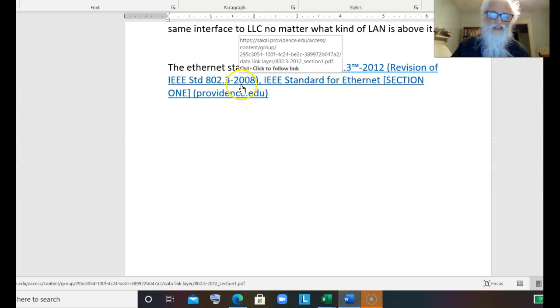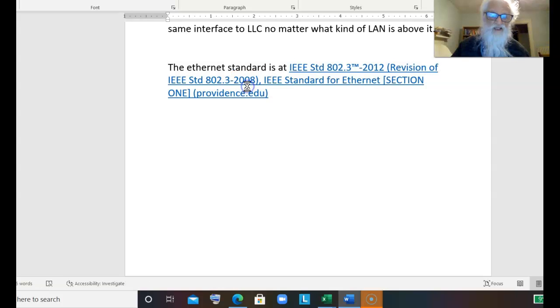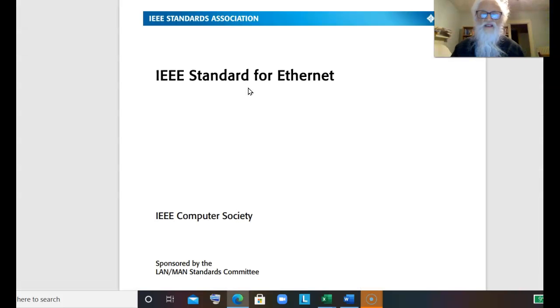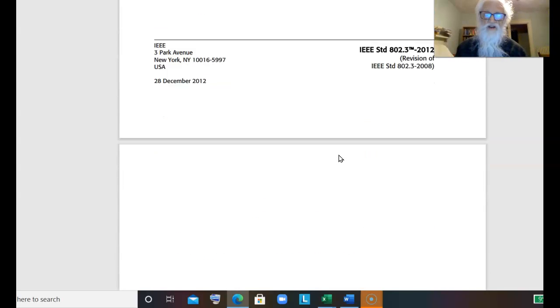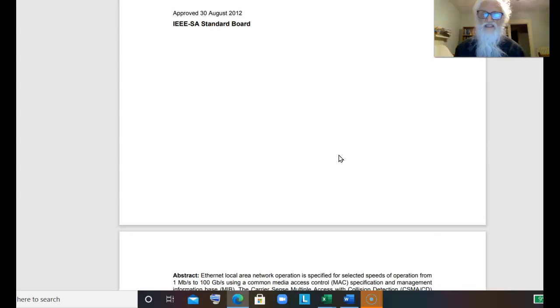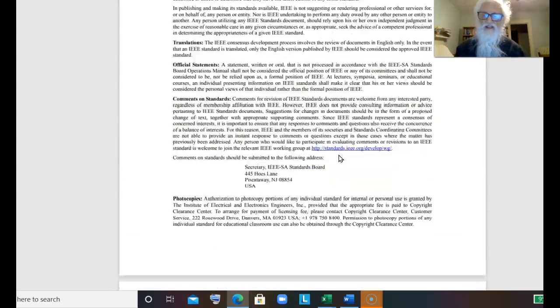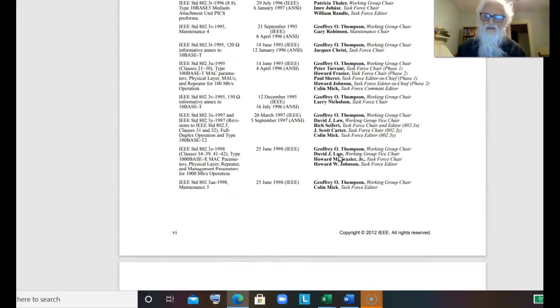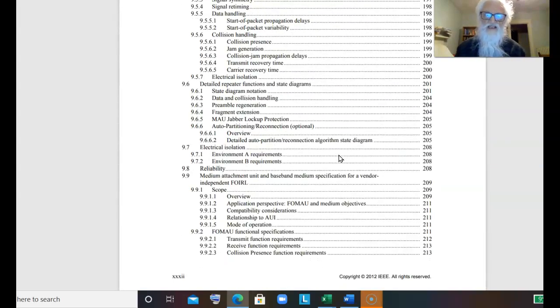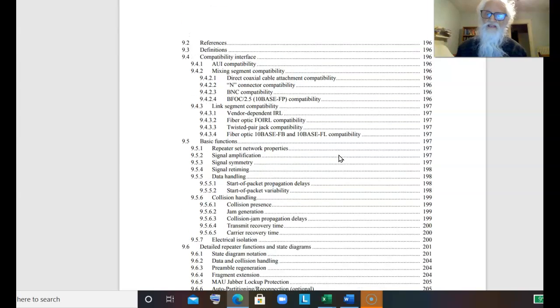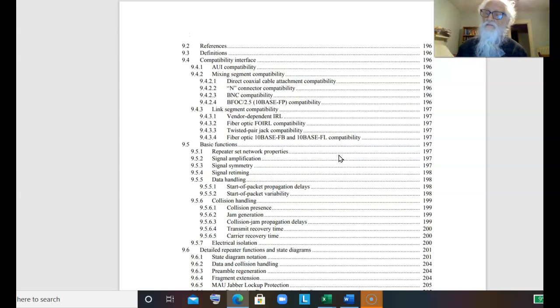Let me try it again. I think I got it this time. It's huge. And this is only the standard for Ethernet. And if you look down here, I'll get past all the names, you can see just how much is involved with this.